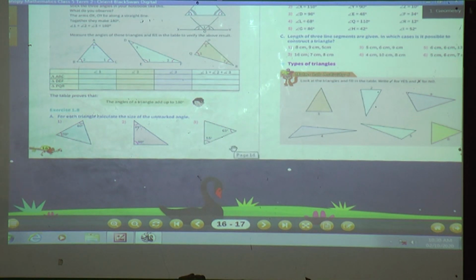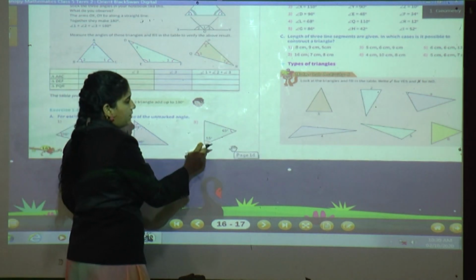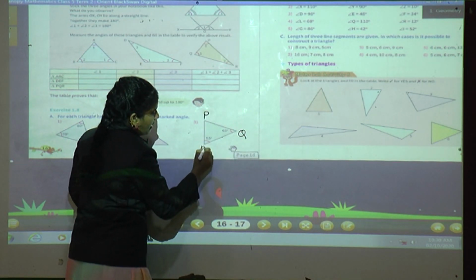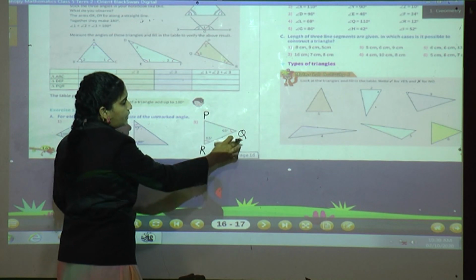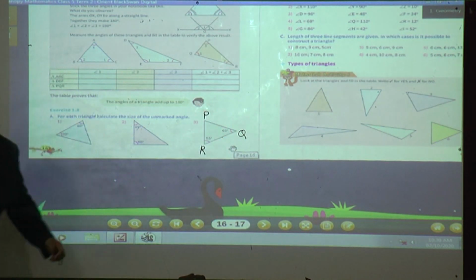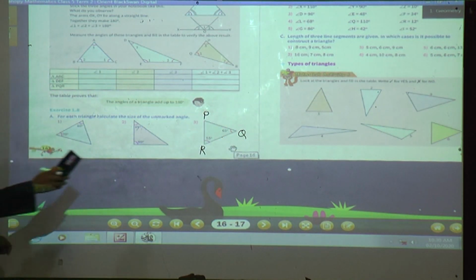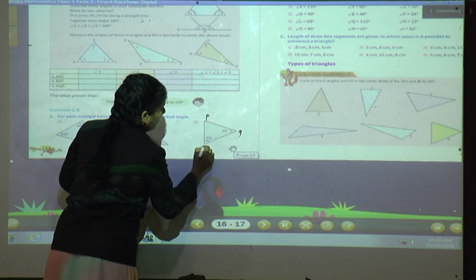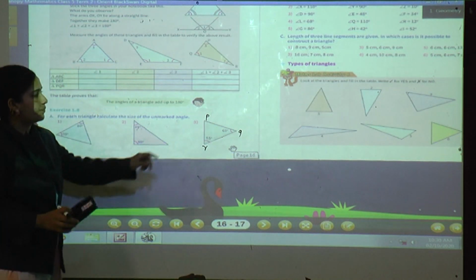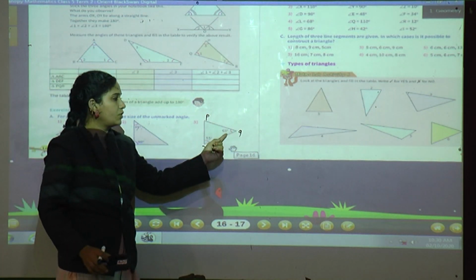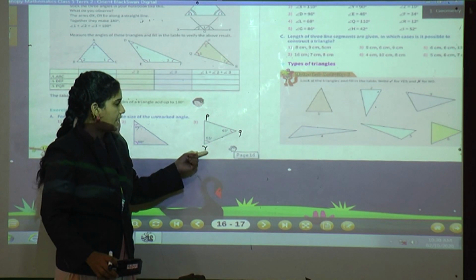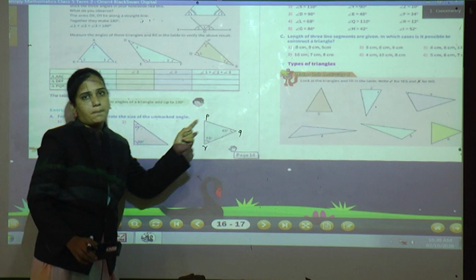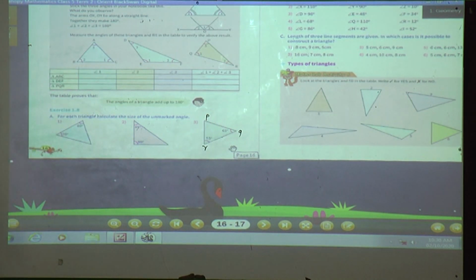We will give the name here P, Q, R. Angle P, angle Q, and angle R. Now, here Q is equal to 65 degree. Again R is equal to 55 degree. So just find angle P. Again use the same formula.